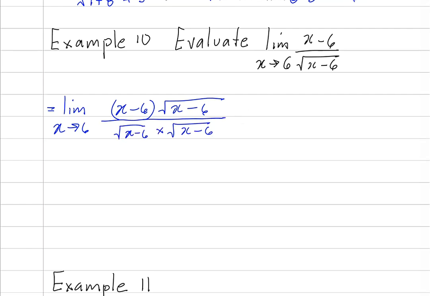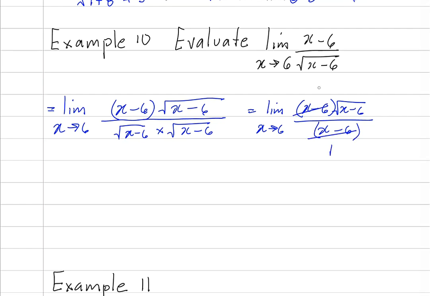Alright, so this one we have getting rid of the root in the denominator. So this is going to be equal to the limit as x approaches 6 of x minus 6 times root x minus 6 over x minus 6. So root x minus 6 times root x minus 6 is x minus 6.